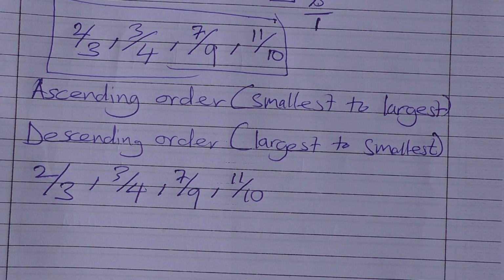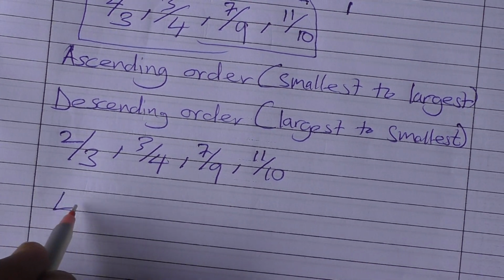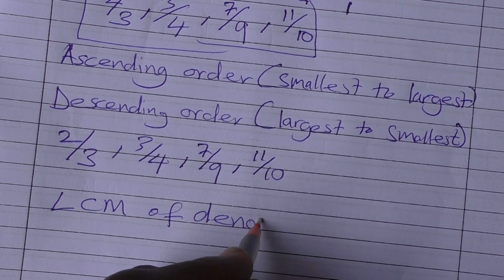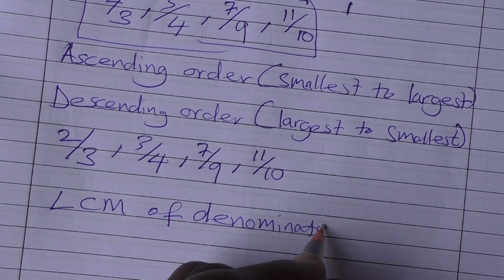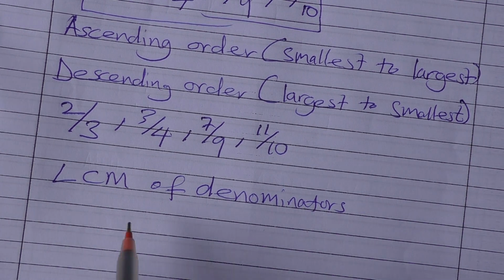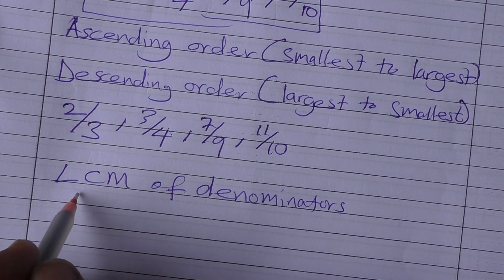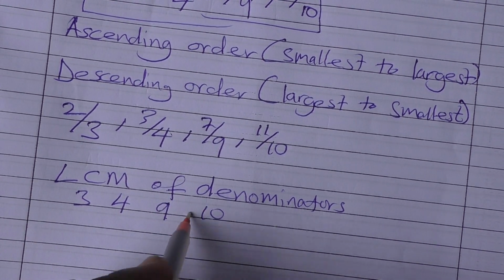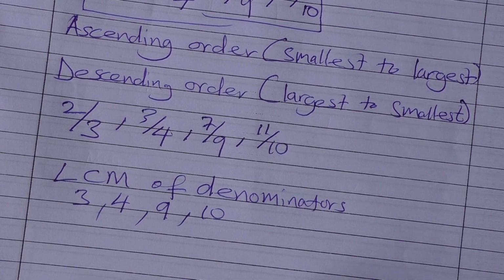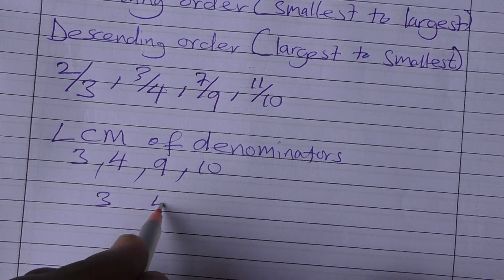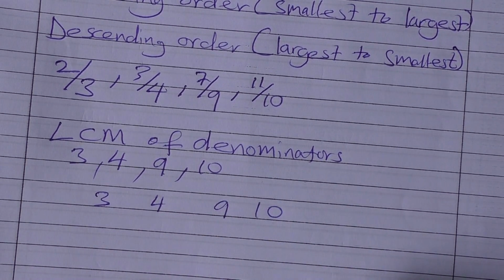That is, we get the LCM of the denominators. We already saw how we get LCM. So our denominators are 3, 4, 9, and 10. Let us use the ladder method. We have 3, 4, 9, 10.